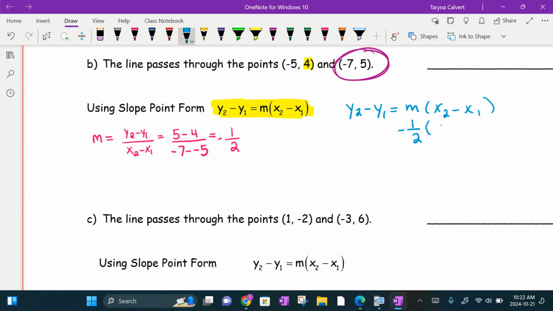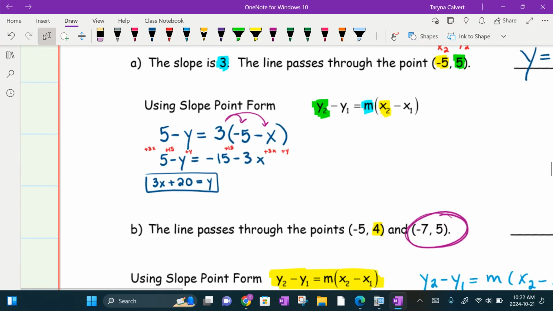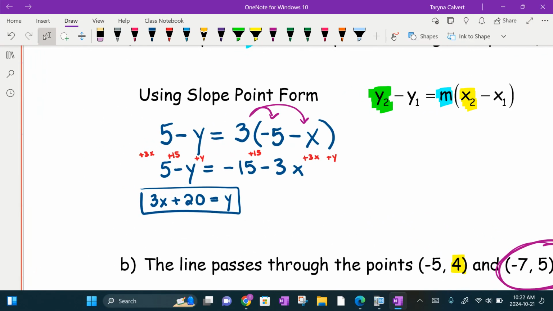So I'm going to go x minus a minus 7 equals y minus 5. Again, I like putting it in for my second variable. You would get the same answer if you didn't, if you put it like we did this one. Is that making sense now, guys, what I'm talking about? See how this one we put it in for the first x and y?